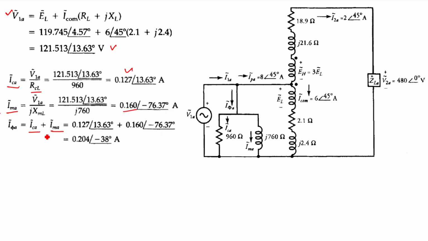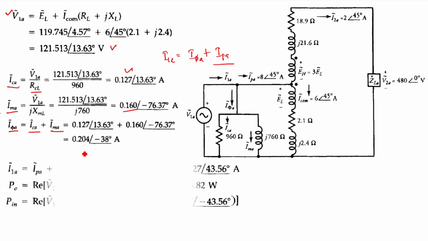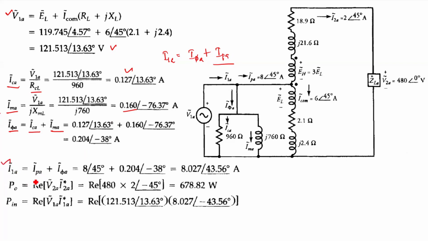By adding these two currents, ICA and IMA, I find I phi A. So now I can find I1A. I1A will be nothing but I phi A plus IPA, right? That will give me 8.027, 43.56 degree.